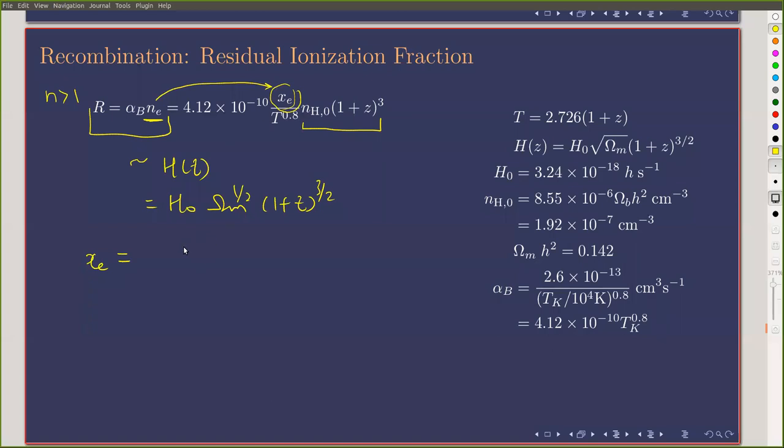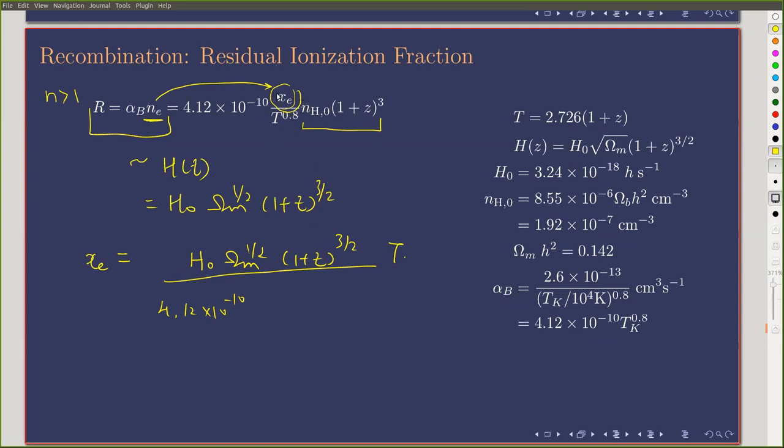So what we have is comparing these two things, that this is 3 by 2 times this. By the way, there will be another redshift factor from here.